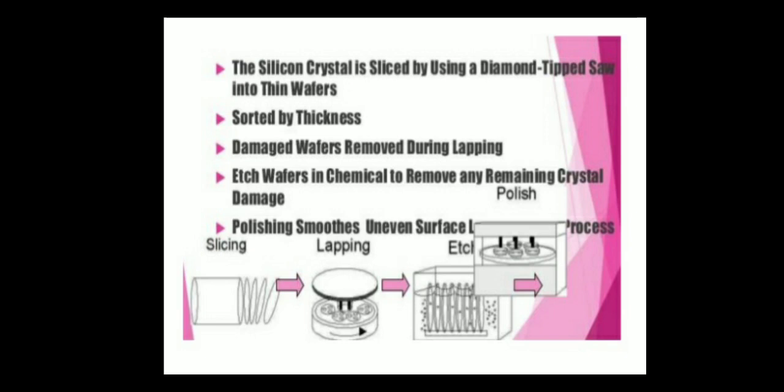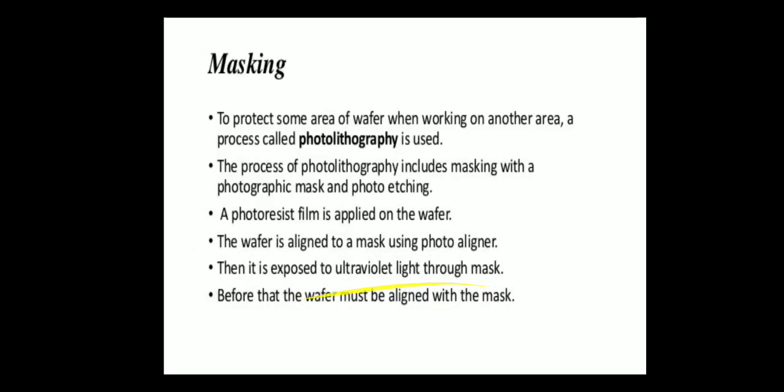Etched wafers are dipped in chemical to remove the crystal damages and then polishing the uneven surfaces. These are the processes involved in the first step of wafer preparation.